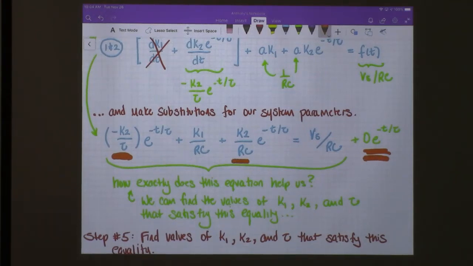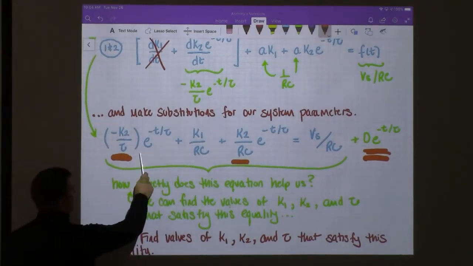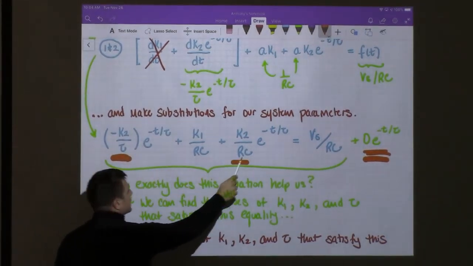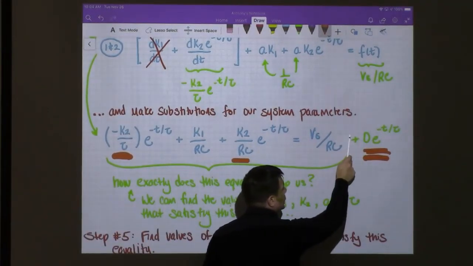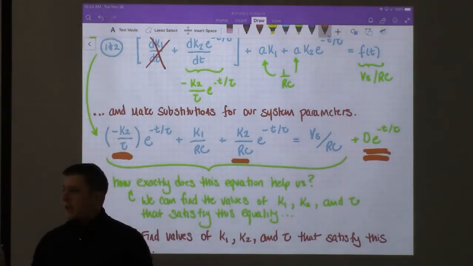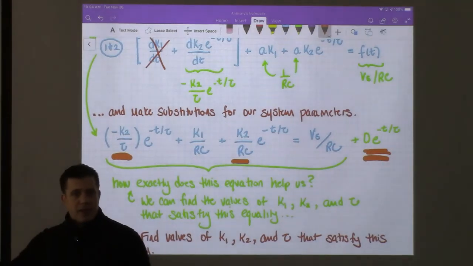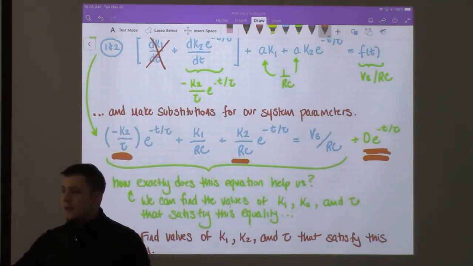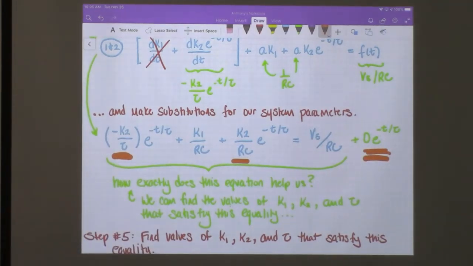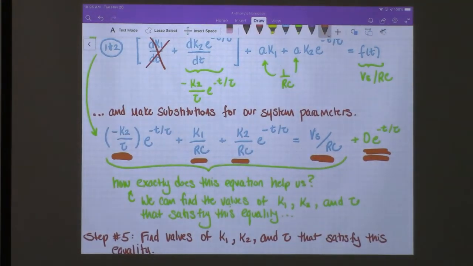Because those are the terms that are associated with the e to the negative t over tau. This plus this should sum to 0 because there's no e to the negative t over tau on the right-hand side. So they've got to cancel out, or else we would have an e to the negative t over tau on the right-hand side. Then that also tells us that this has got to be equal to this, because the constant term on the left-hand side has got to be equal to the constant term on the right-hand side.